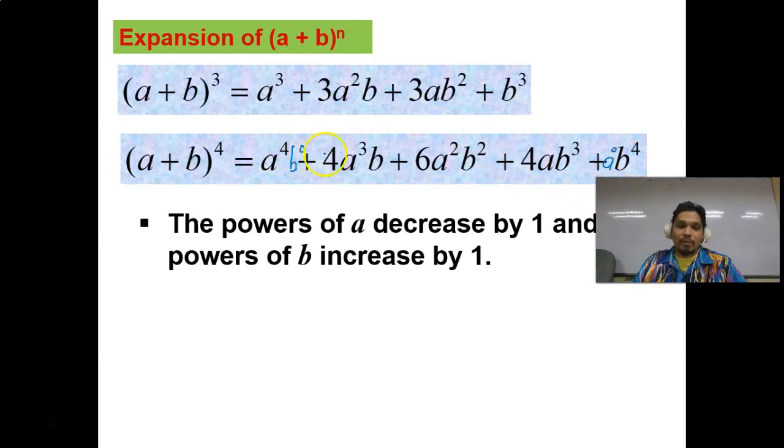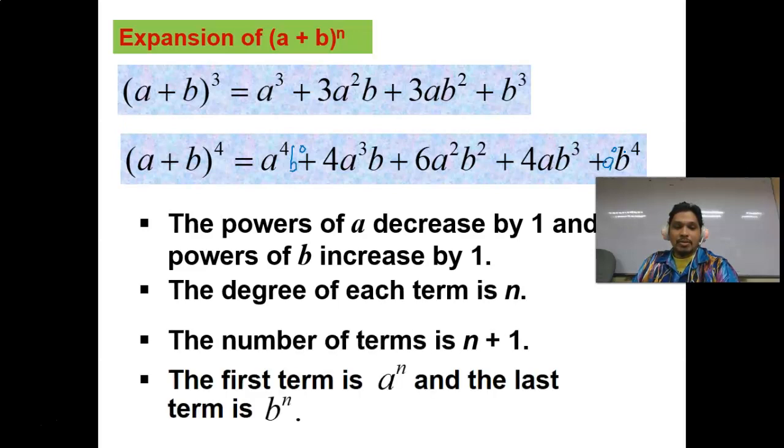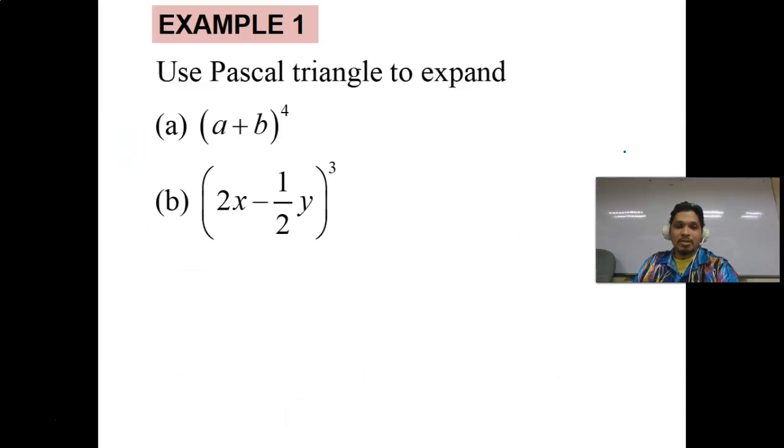So a to the power of 4, a cubed, a squared, a to the power of 1, and a to the power of 0. And oppositely, the power of b increases from 0, 1, 2, 3, 4. The number of terms is n plus 1. So now, example 1: use Pascal's triangle to expand a plus b to the power of 4.